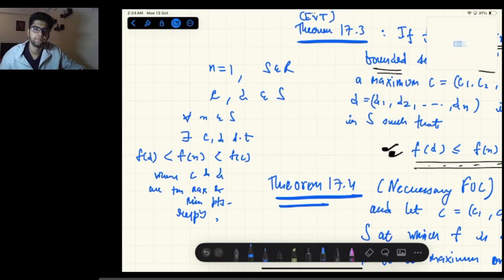So if this is a single variable function and c is the maximum point and d is the minimum point, then for all x belonging to S, f(x) will always lie between f(d) and f(c).